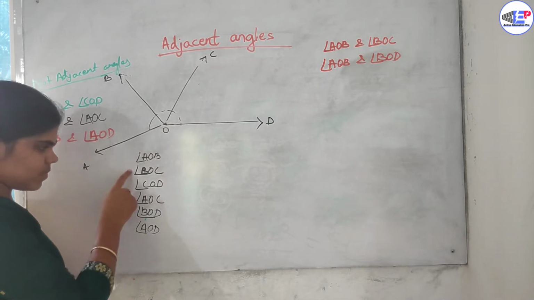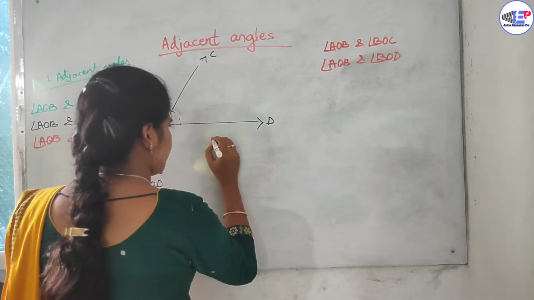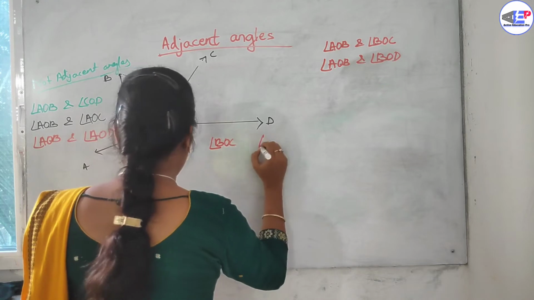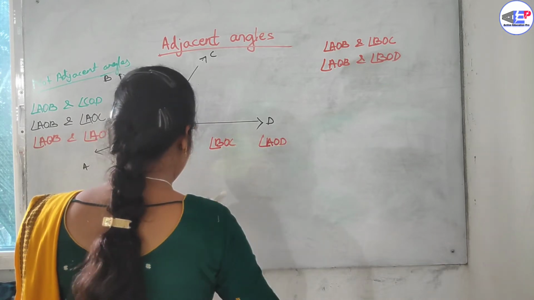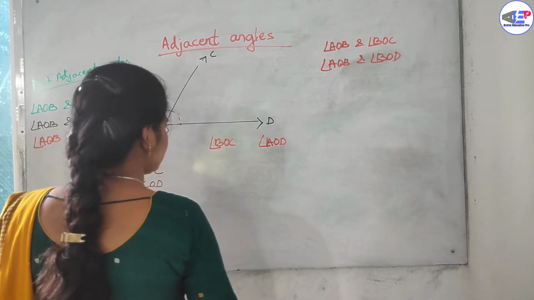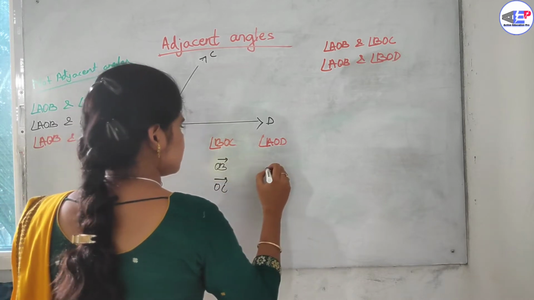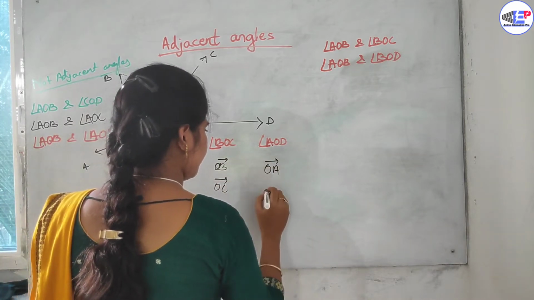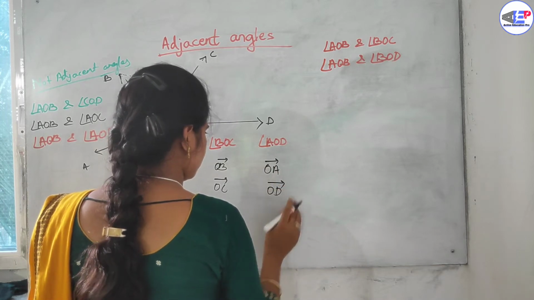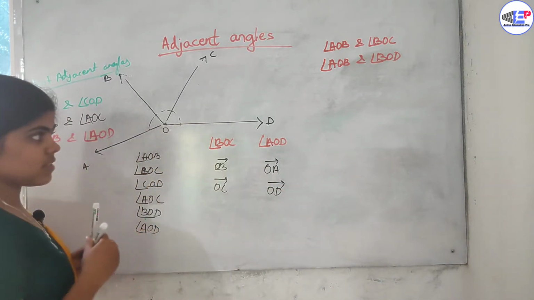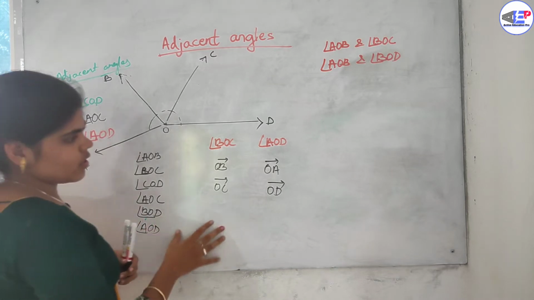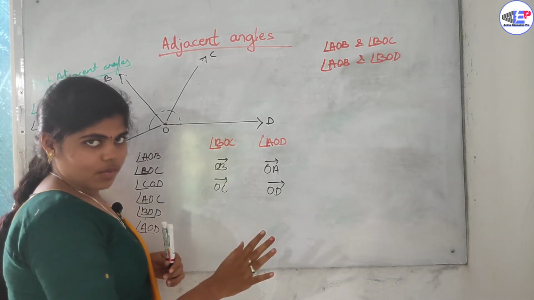Let's compare this BOC angle with AOD. BOC with AOD. To make these two angles, we need OB and OC rays, here OA and OD. The common vertex is O. Look here, there are no common arms.